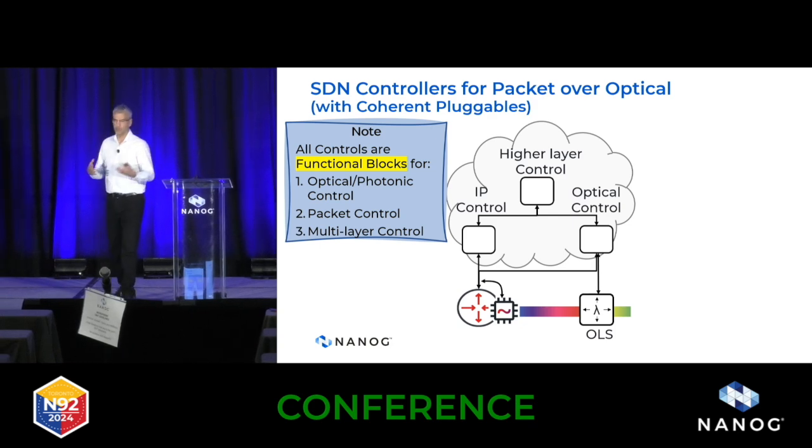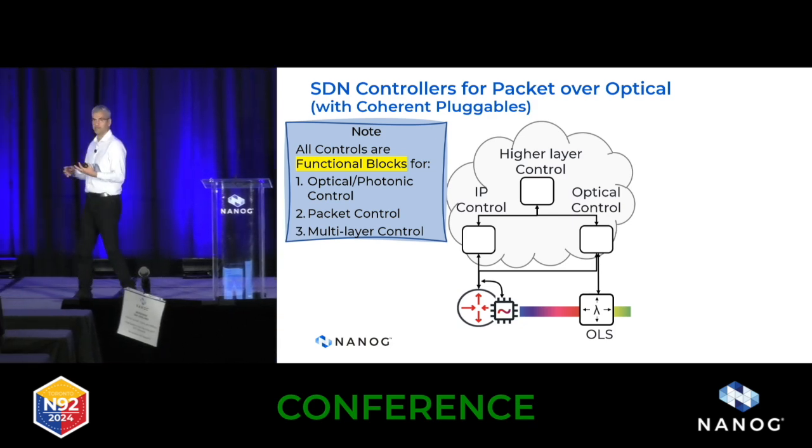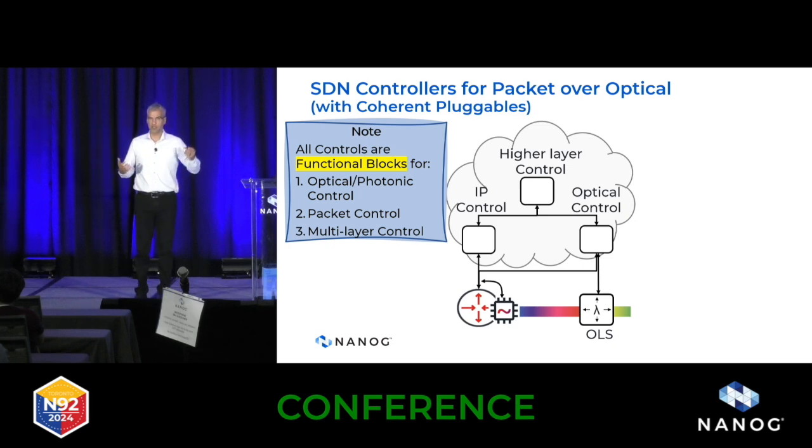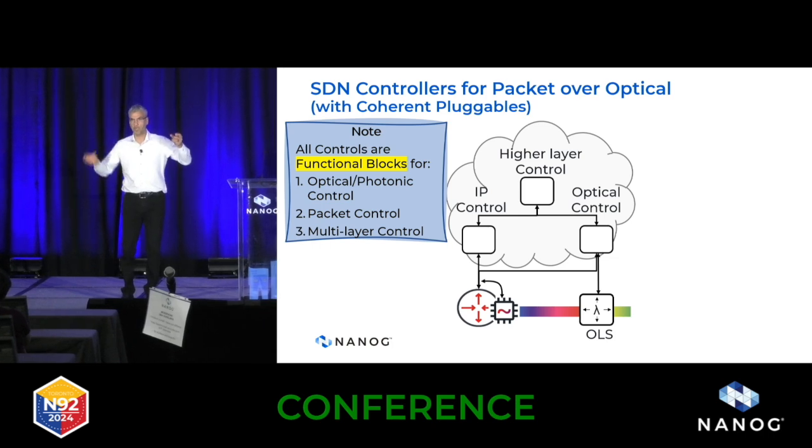We are saying that there should be an entity to address planning of the layer 0 services from plugs to plugs, automation of that, assurance, telemetry collection, and so forth. And if you are interested in multi-layer, you have to connect or correlate IP information to optical. You will see it's a higher layer. This is the reason that we have 3 blocks.